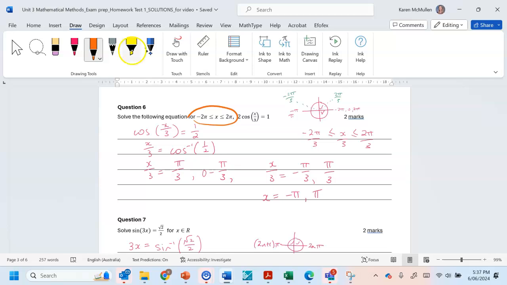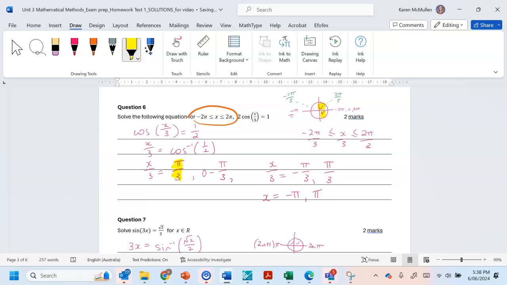Now, in finding your answer, again, you need to know your exact values. So if you didn't get pi on 3, you're already 0 out of 2 marks. You needed to get that pi on 3. And it's a cos, so we are positive in the first and the fourth quadrant. Now, you need to take note of your domain.